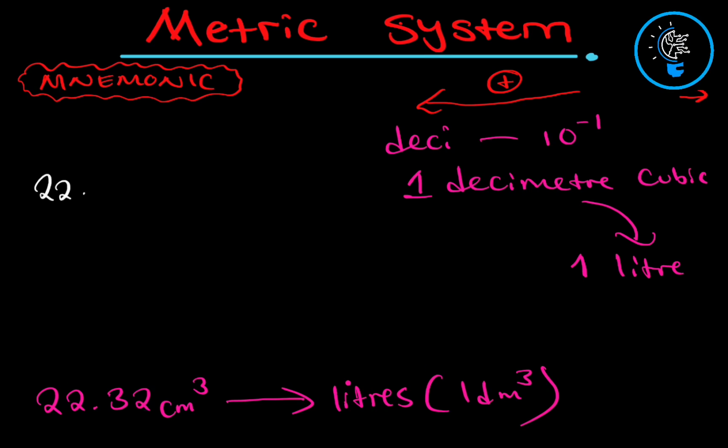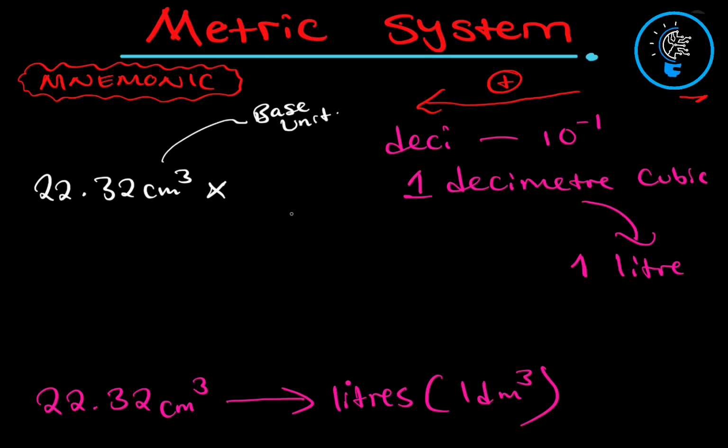Okay, so we're given this value, 22.32 centimeter cubed, and we need to convert it into decimeter cubed. We are going to begin by converting this into the base unit. So into the base unit, we know that centimeter, we're going to put it at the bottom.